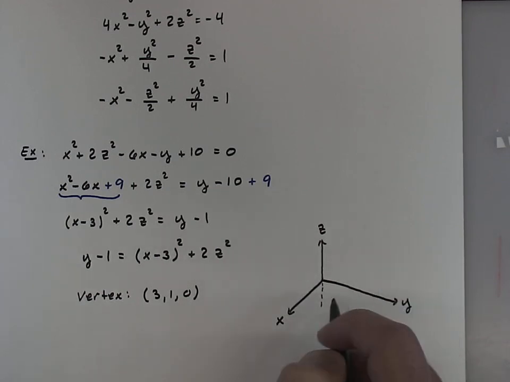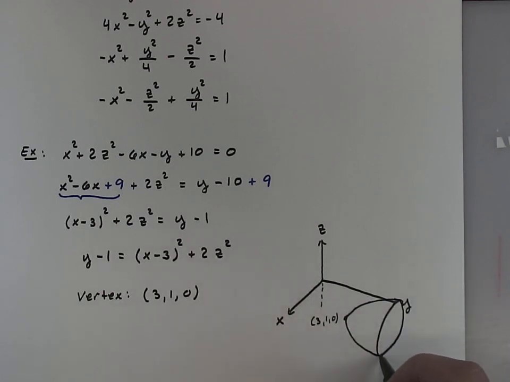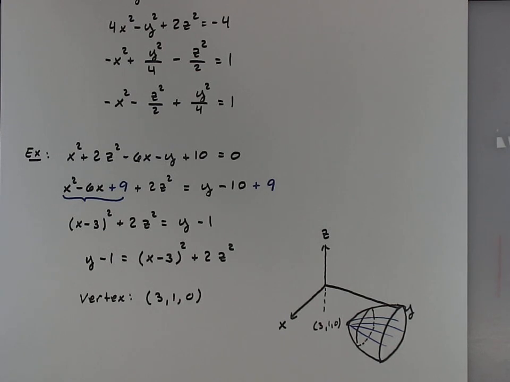This point here is 3, 1, 0. And then the rulings would be along the y-axis. So this is another elliptic paraboloid.